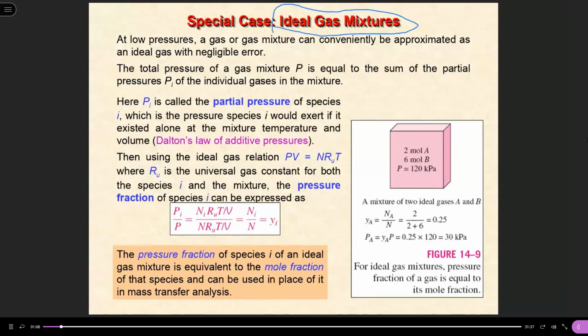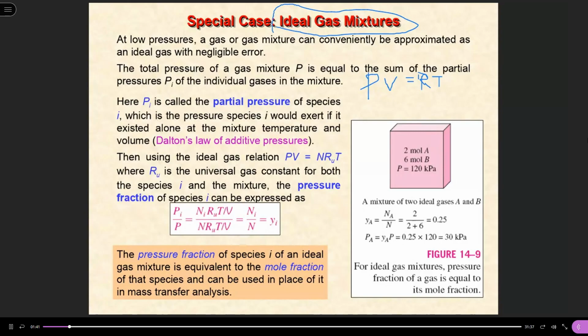Ideal gas means a gas that obeys the perfect gas law, right? We have the perfect gas law. The pressure, volume, and temperature obey this perfect gas law. Okay. R is a gas constant for different gases.